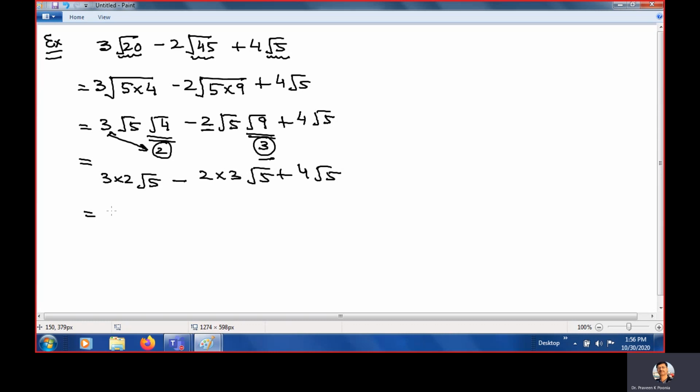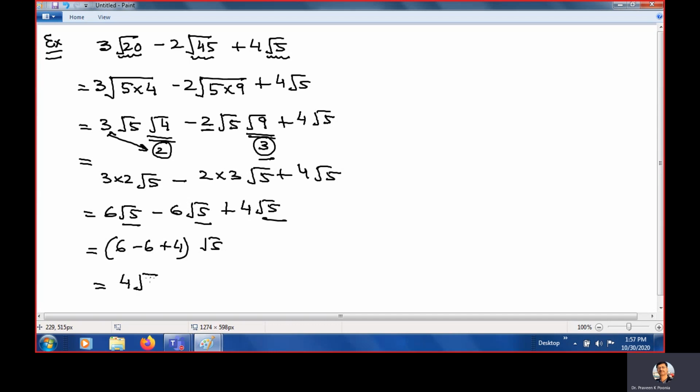So it is equal to 3 times 2 is 6 root 5, minus 2 times 3 is 6 root 5, plus 4 root 5. Now root 5, root 5, root 5 is common. So 6 minus 6 plus 4 root 5. And if you simplify, it gives you 4 root 5. This is the answer. Clear?